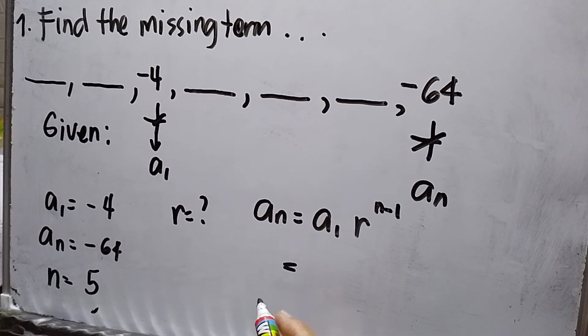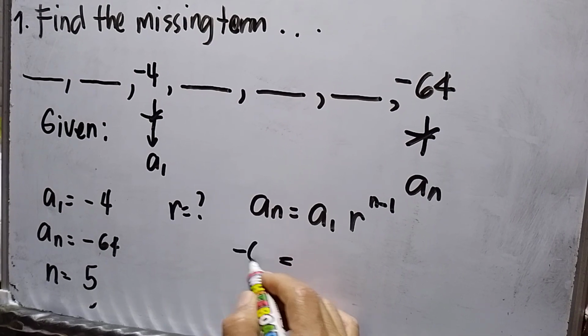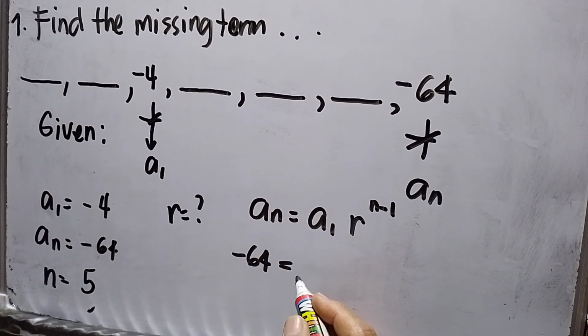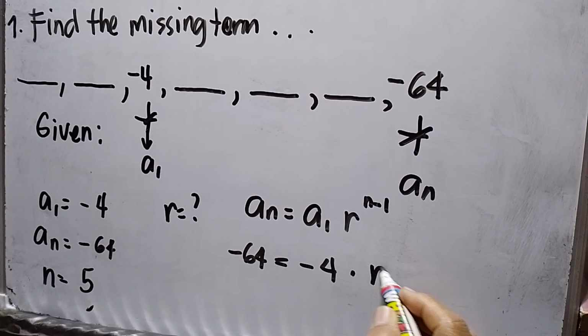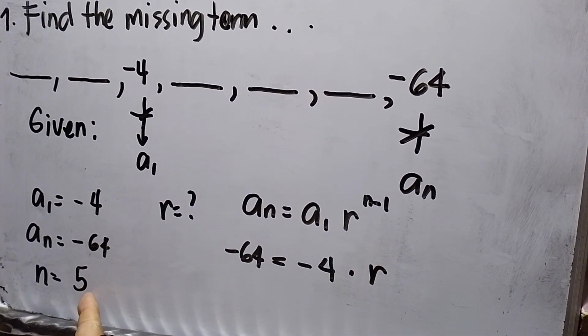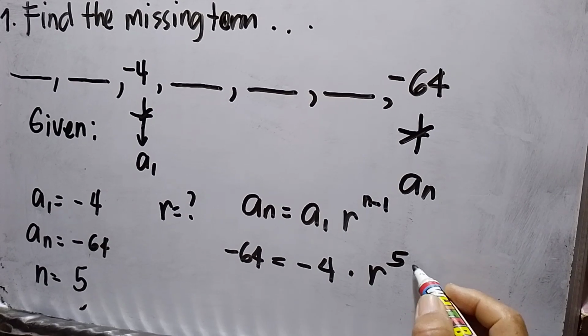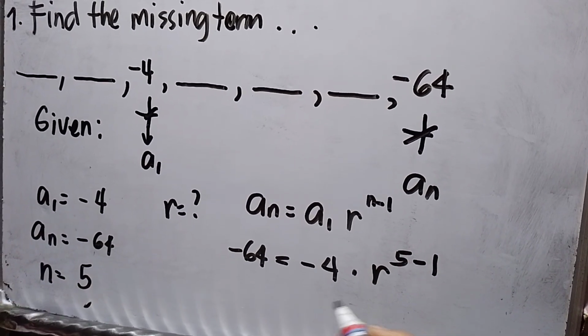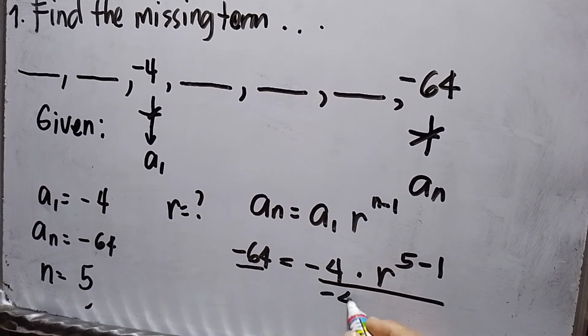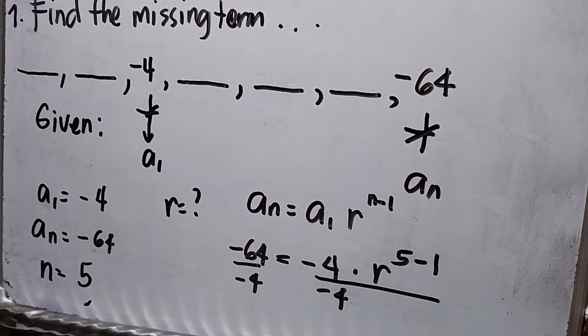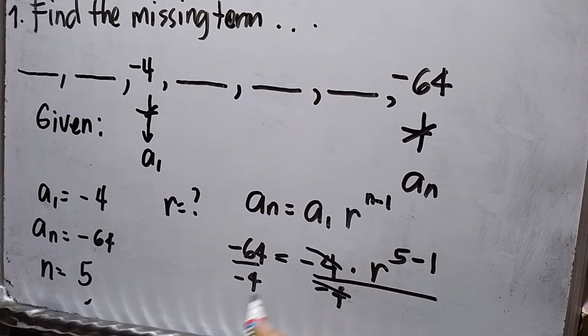So my an is -64, and then my a sub 1 is -4, times r, n, I have here 5, and then minus 1. So I will divide both sides by -4. So cross out -4.